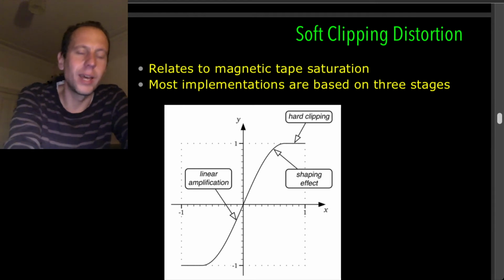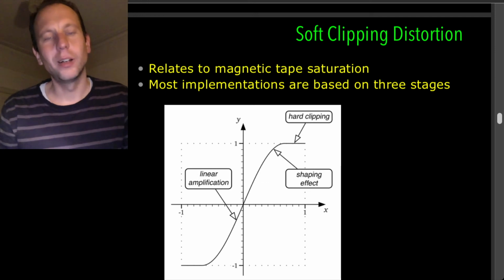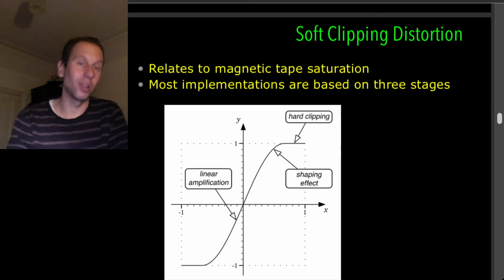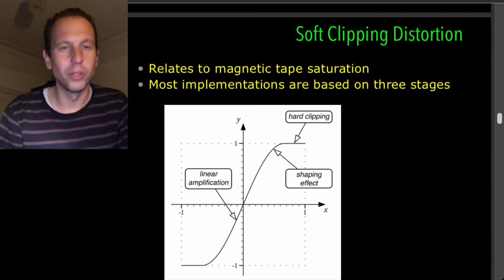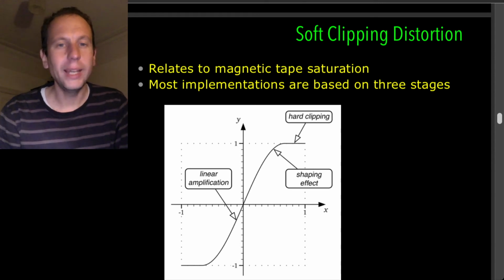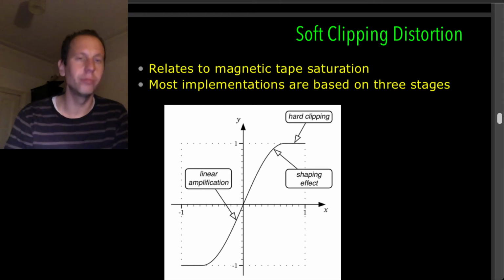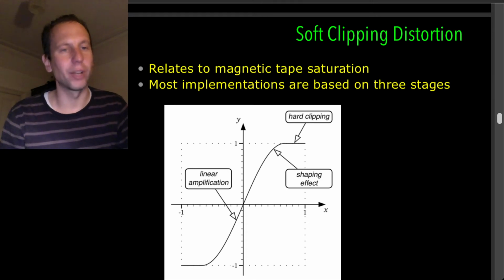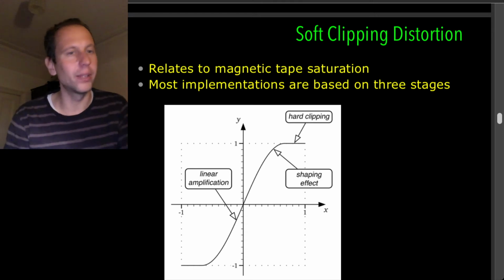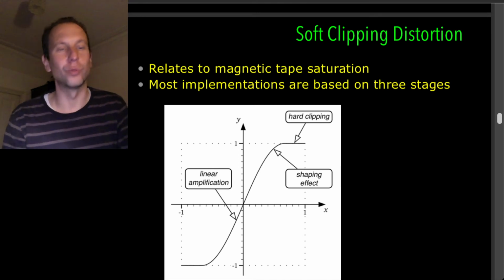So it's like that. It's still not very well documented, I would guess, although we published these things about 10 years ago. In any case, soft clipping relates to magnetic tape saturation, because in contrast to a transistor-based amplifier, it does not stop dead at a certain voltage, but it tries to push it, but it's more and more difficult to get it linear.